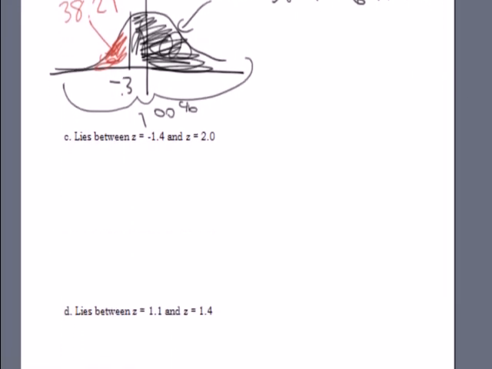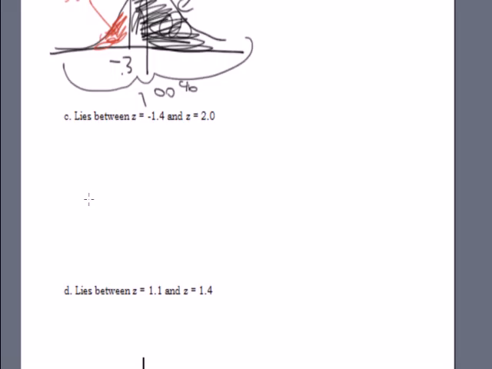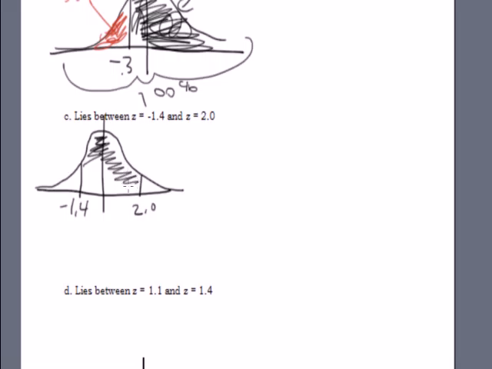Going to example C. This is going to involve me drawing several different pictures, so I'm going to start over here. I want to find the area that lies between negative 1.4 standard deviations below the mean and 2 standard deviations above the mean. So this is the picture I care about.